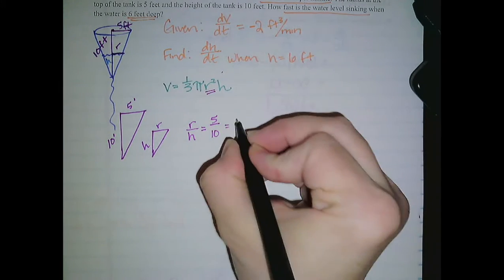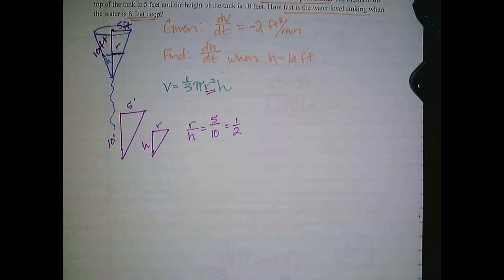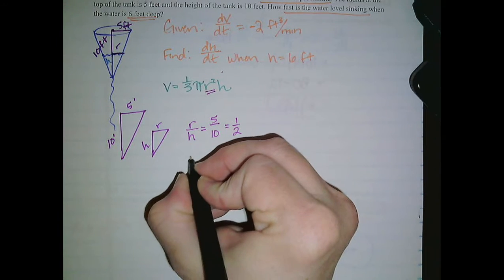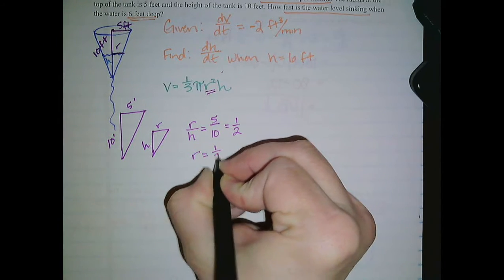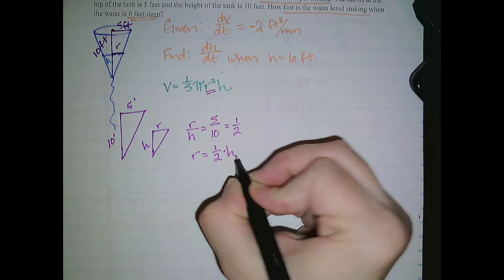Or we reduce that to 1 over 2. So if r over h is equal to 1/2, then that means that the radius would be equal to 1/2 times the height.